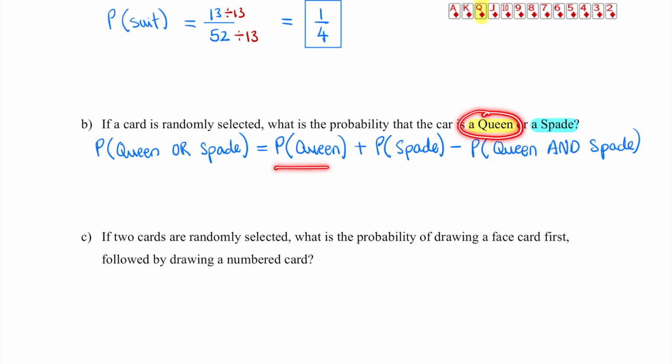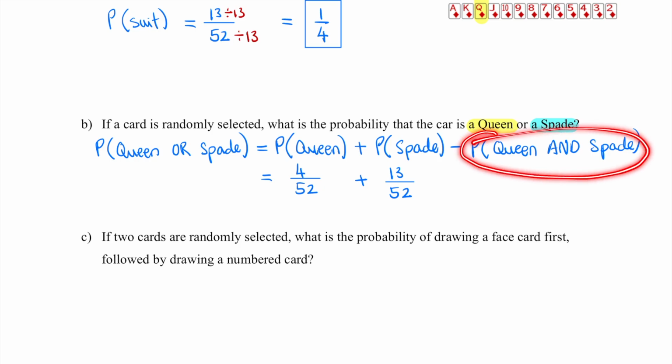So the probability of drawing a queen is 4 out of 52. There are 13 spades in a deck of cards, so the probability of drawing a spade is 13 out of 52. And there's only one card that can be both a queen and a spade, so the probability of drawing a queen of spades is 1 out of 52.